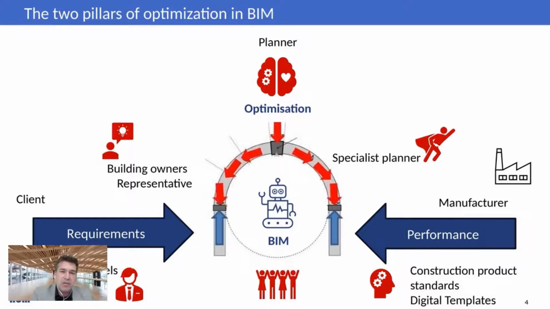And then we have a specialist planner, who together with architects works to reach the optimal solution. And BIM is our tool to help us through this process to optimize the building.